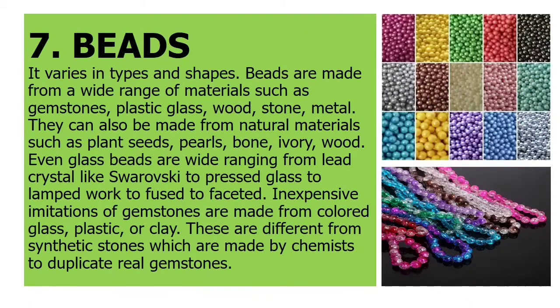7. Beads. Beads vary in types and shapes. Beads are made from a wide range of materials such as gemstones, plastic, glass, wood, stone, and metal. They can also be made from natural materials such as plant seeds, pearls, bone, ivory, and wood.